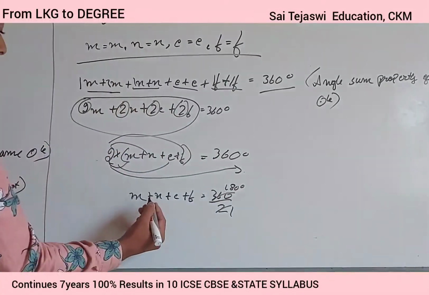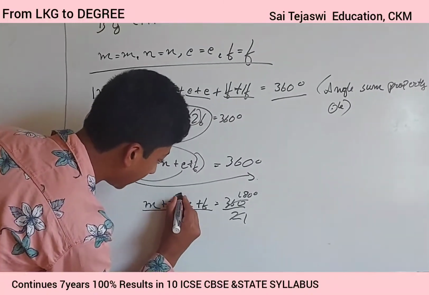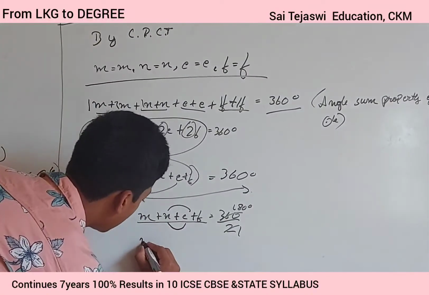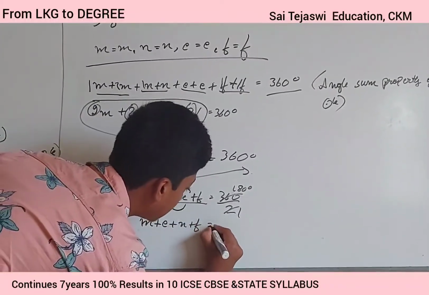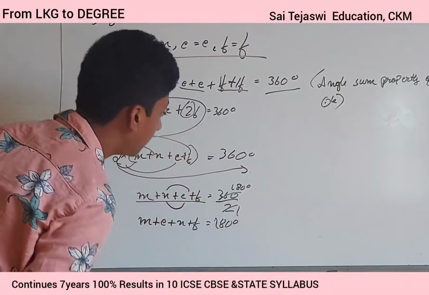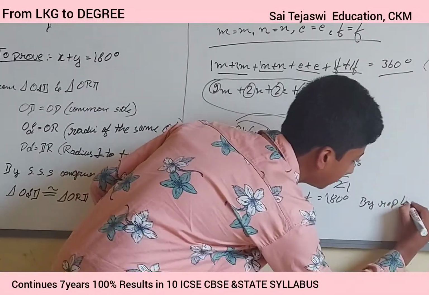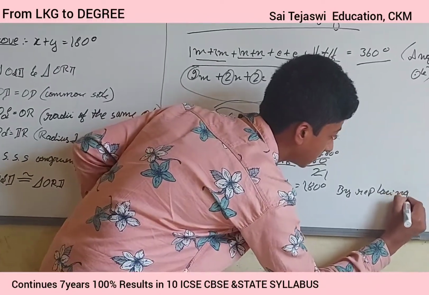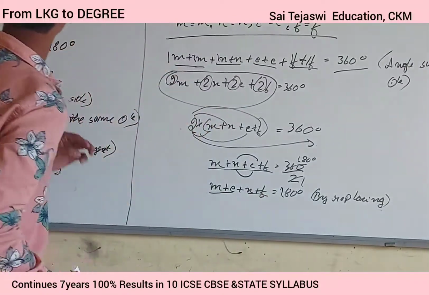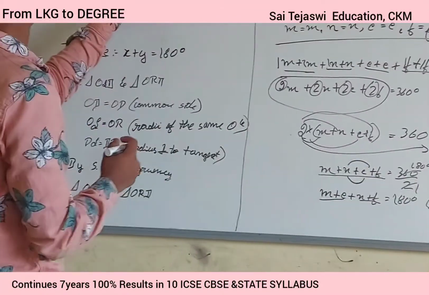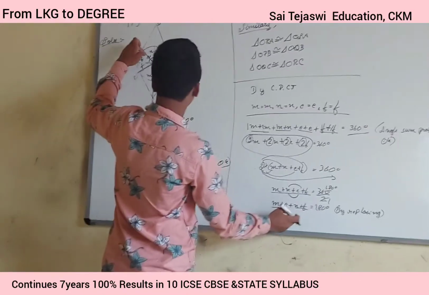Here we just rearrange these terms, taking e to this side and n to that side, nothing else. So m plus e plus n plus f equals 180 degrees. We consider these two and these two because we have taken m plus e as y and n plus f as x.